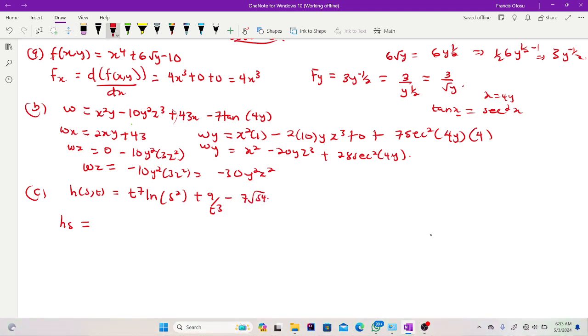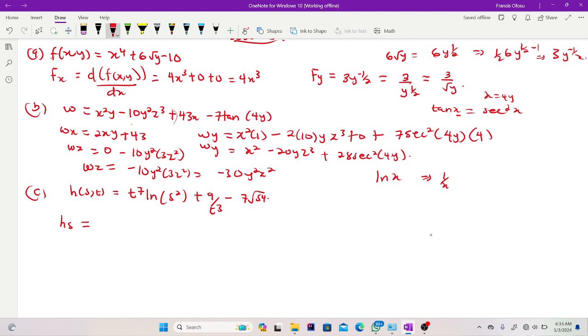So with respect to s, I have s here, meaning I have to differentiate this expression. t to the power 7 is now a constant. How do we differentiate a natural log expression? If you have ln of x, the derivative is equal to 1 over x. How did we get 1 over x?